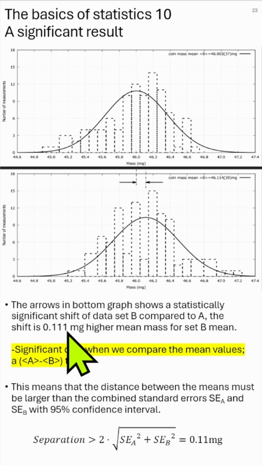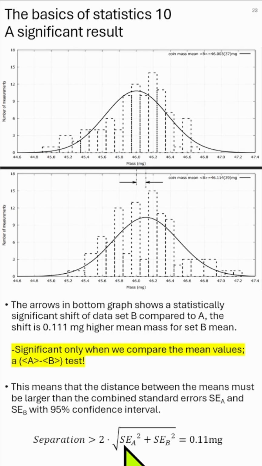Is that difference significant, we ask? So we do our standard comparison test. The separation must be larger at 95% confidence interval. That means we multiply the combined standard error by 2.